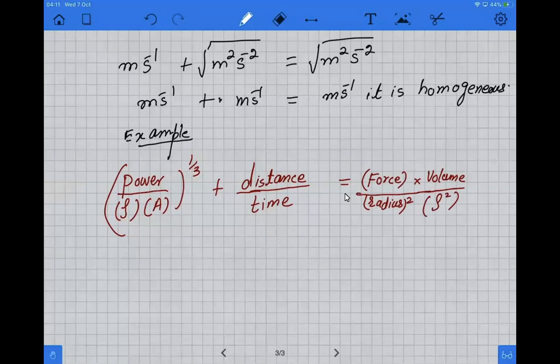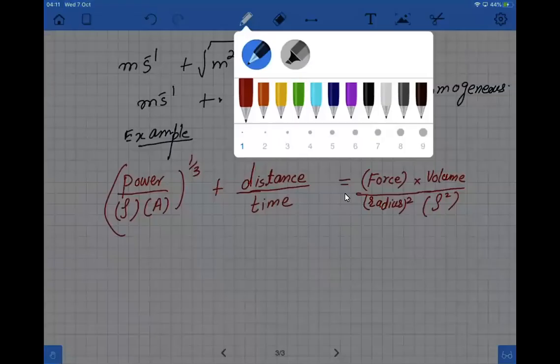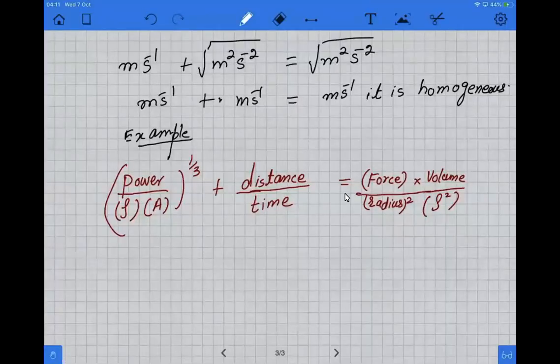The first step would be substitute the units.